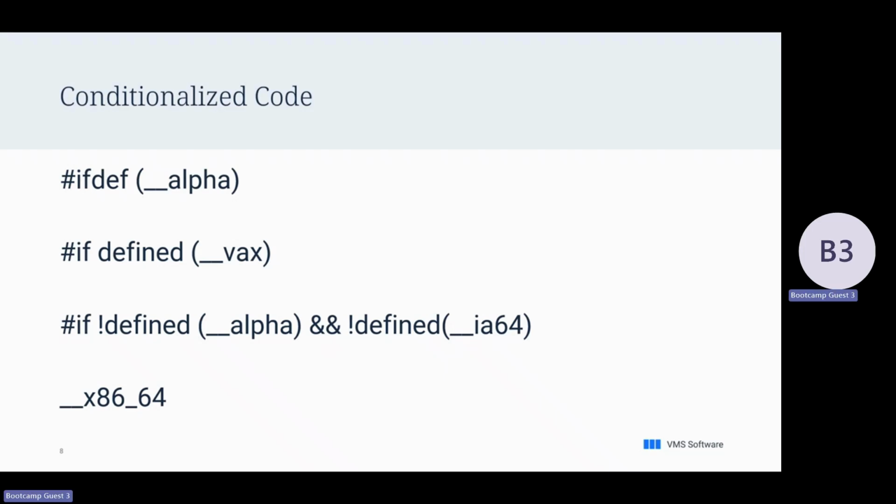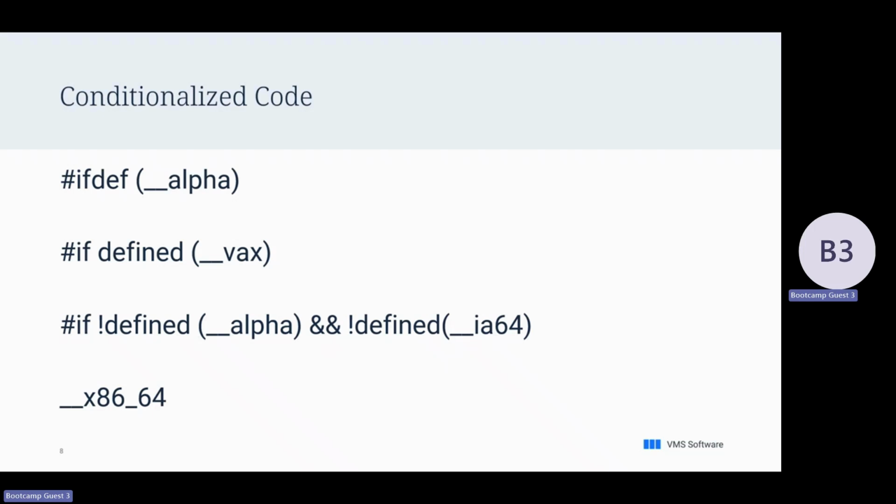If you want to dump some register names to the screen, depending on the architecture, if it's Alpha, it was R1, R2. On Itanium, you had R1 and then a few more. And then on x86, you have things like RAX, RBX, RCX. So there you would clearly have to add something that is specific to x86.